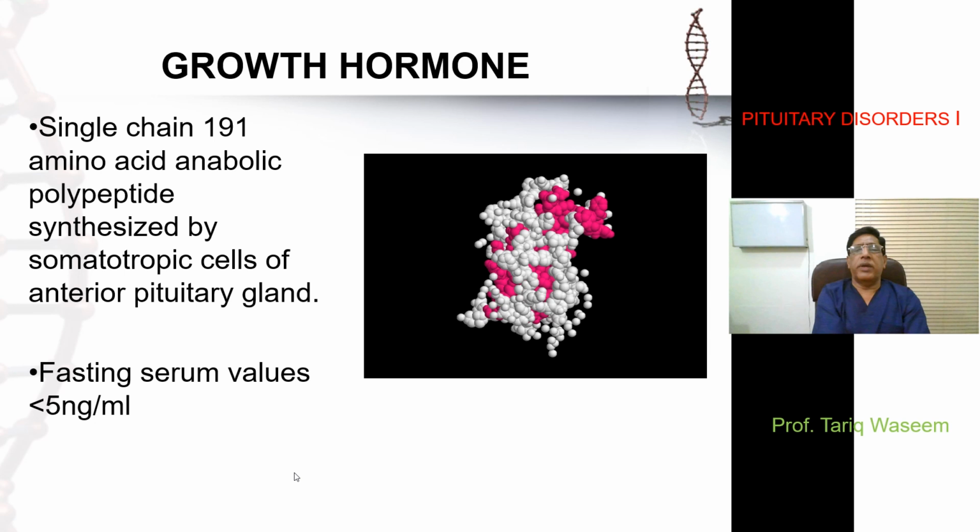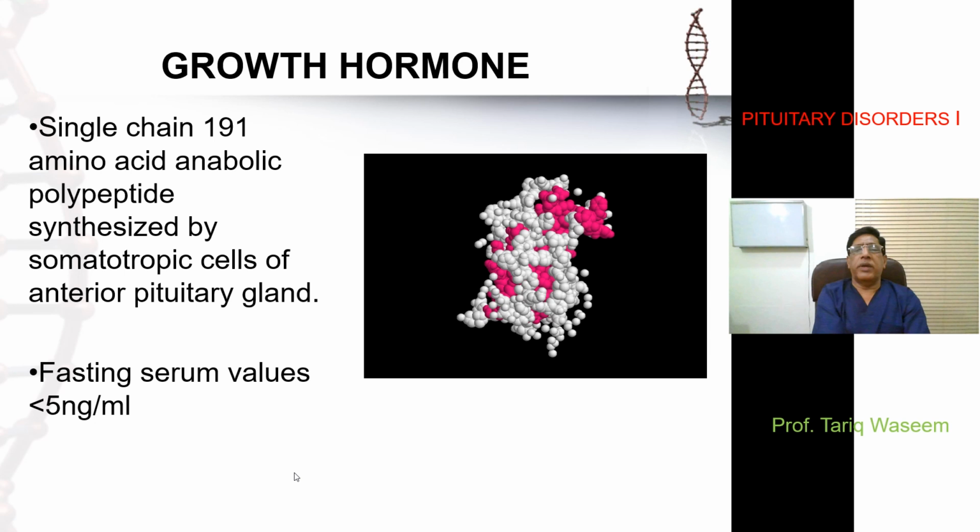Growth hormone is a polypeptide. It is a single chain polypeptide comprising some 191 amino acids. It is produced by the somatotrophic cells of the anterior pituitary gland, and you have to remember this value. The fasting serum value of growth hormone is less than 5 nanogram per ml.